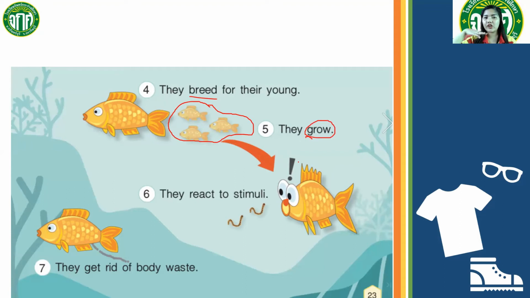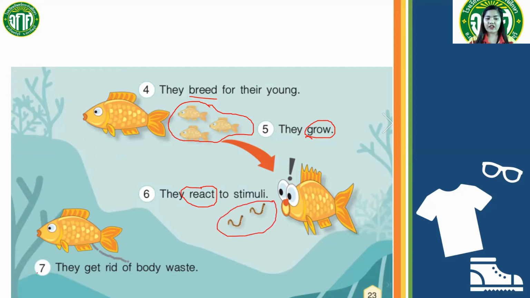We can grow taller, right? Or we can grow bigger. Number 6, they react to stimuli. So we have reactions, right? We can react to everything around us. As you can see in the picture, the fish reacts to these stimuli, to these worms.